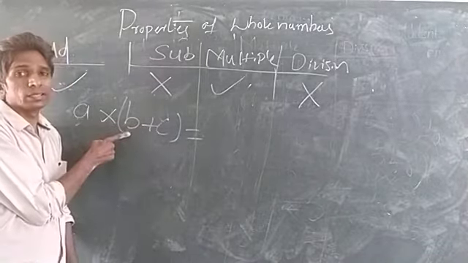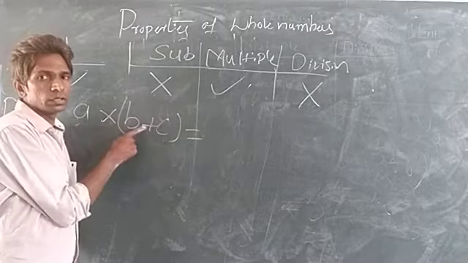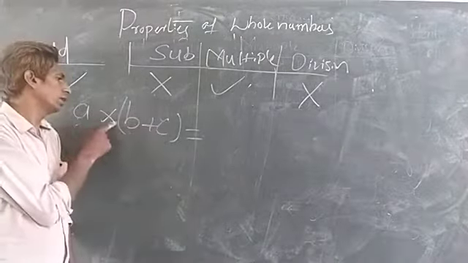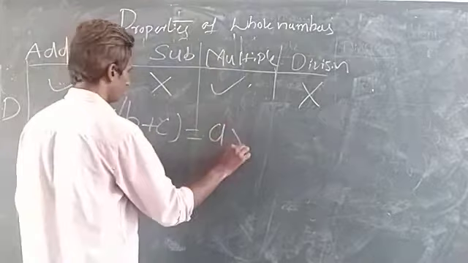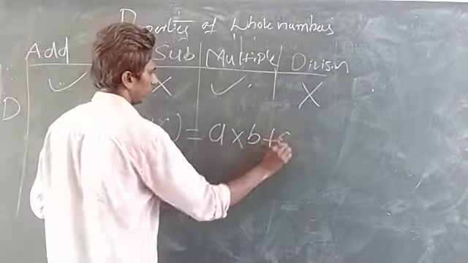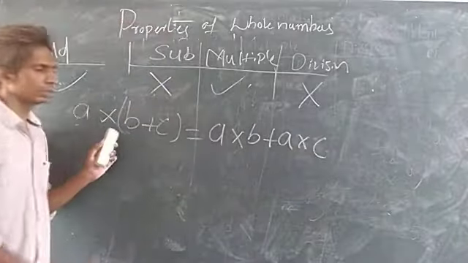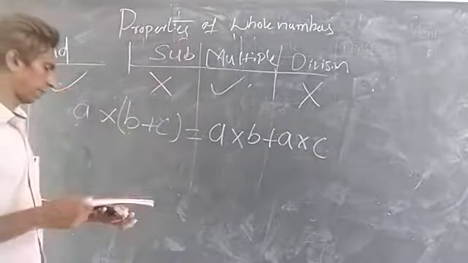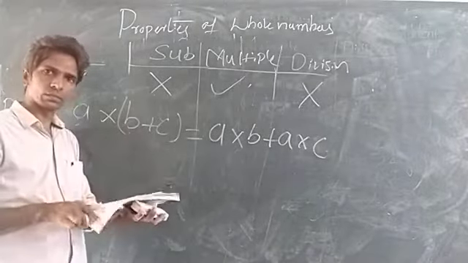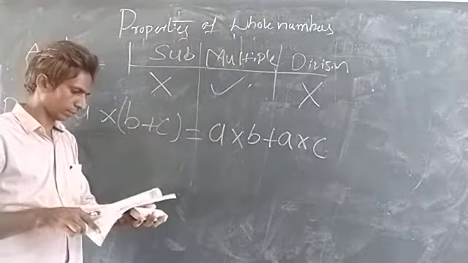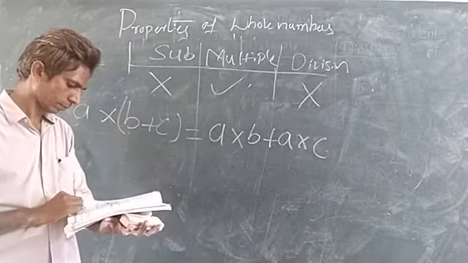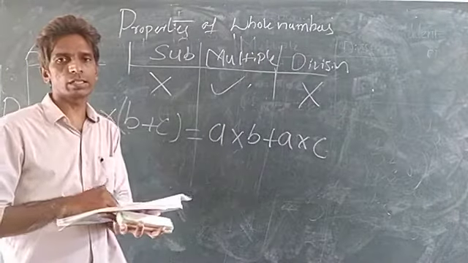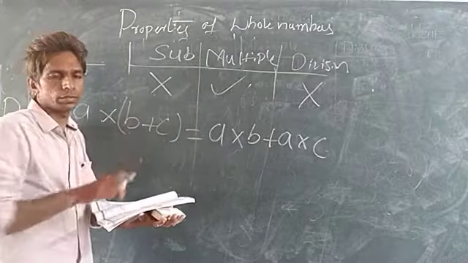Going inside, it goes to both terms. So a into b plus a into c. This is the distribution property of multiplication over addition, the only one given in your textbook.